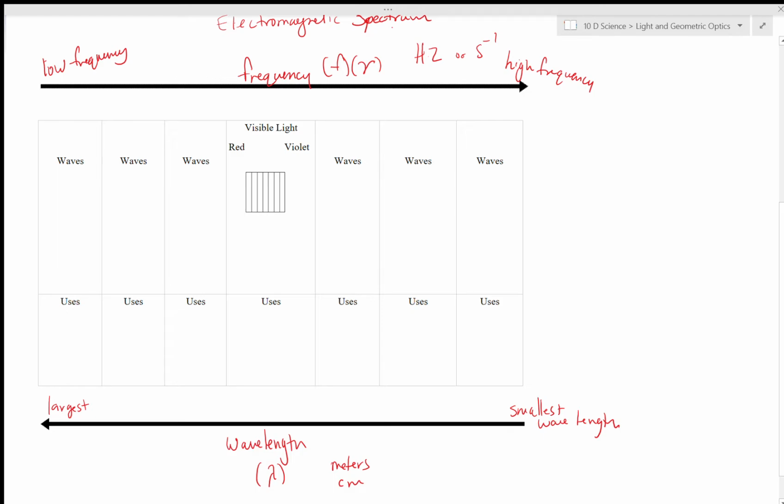Now in terms of the electromagnetic spectrum, way down at the bottom, the lowest frequency waves are called radio waves. Radio waves have a ton of uses, usually telecommunications.